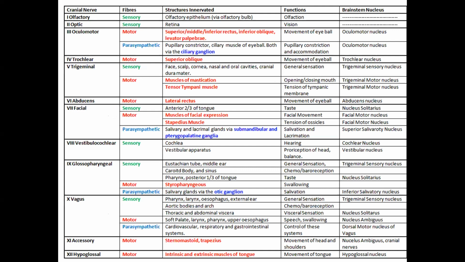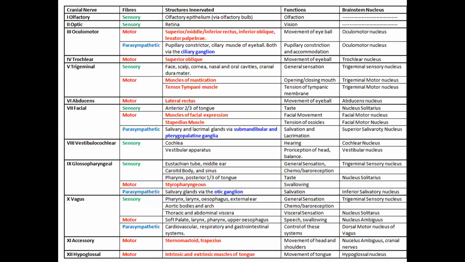So when you look at it, for example, if a patient develops a nerve palsy, you want to know whether it is a lower or upper motor neuron lesion. So hopefully this slide will summarize the anatomy of each cranial nerve.